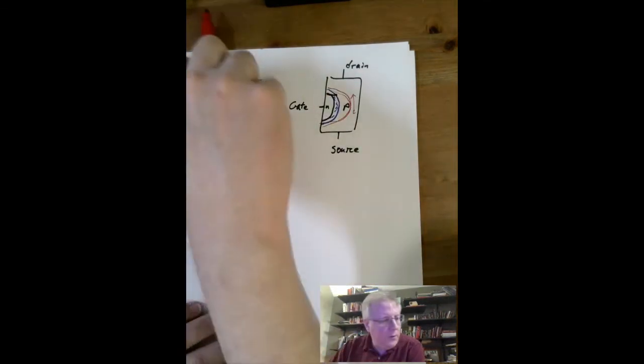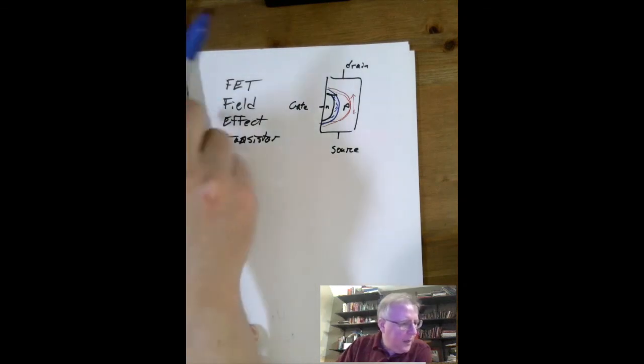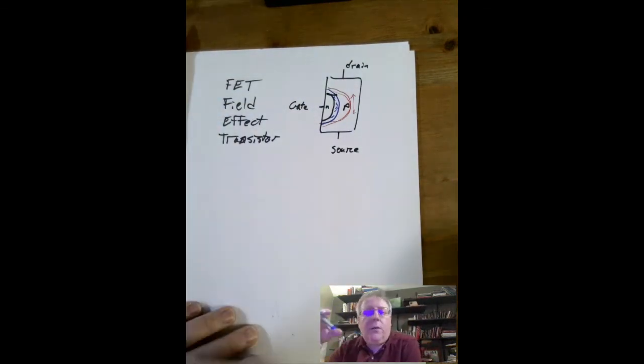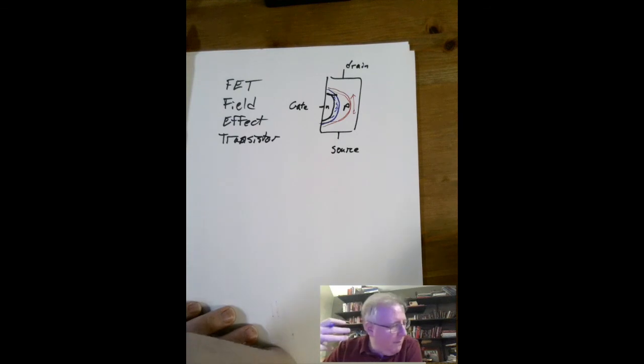Now, the reason field effect transistors are important: these were later developments. The original NPN, PNP transistors is what you would have found in a transistor radio in the 60s and 70s. The field effect transistor turns out to be much, much more important going forward into the 21st century, or the late 20th century, early 21st century.